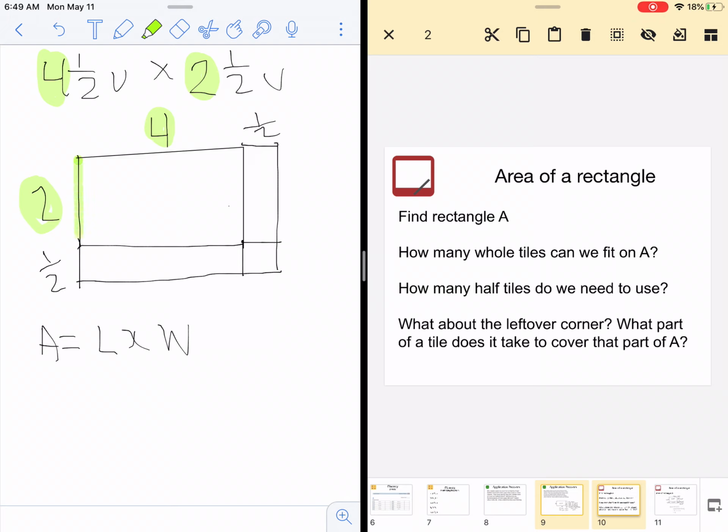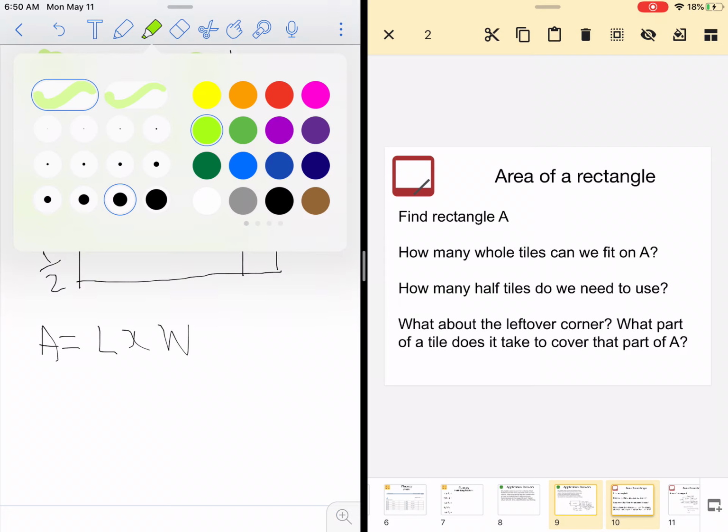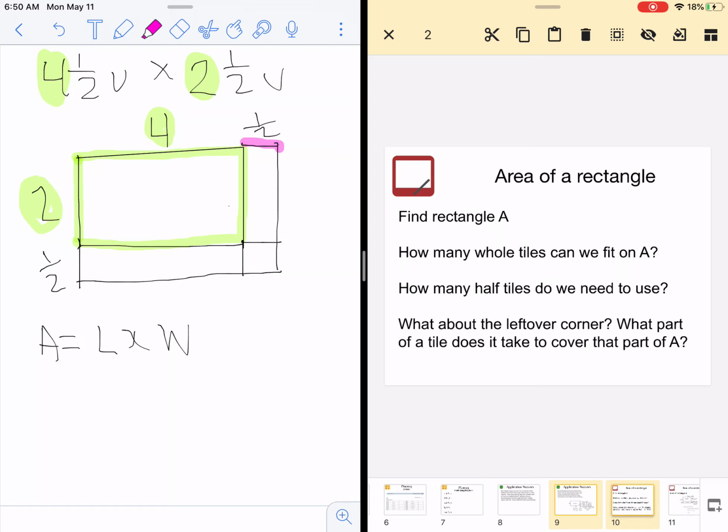We are going to do 2 times 4, 1/2 times 2, 1/2 times 4, and then, you guys, 1/2 times 1/2. 4 different areas, okay?